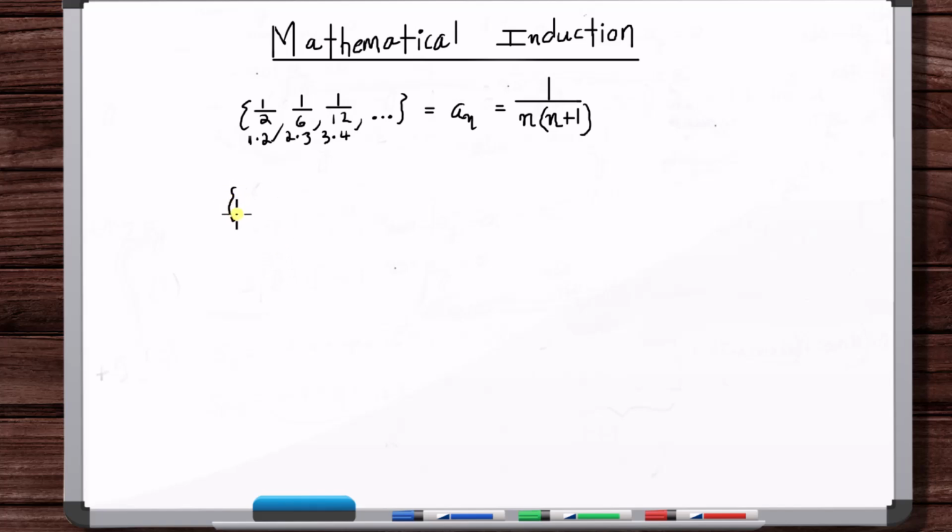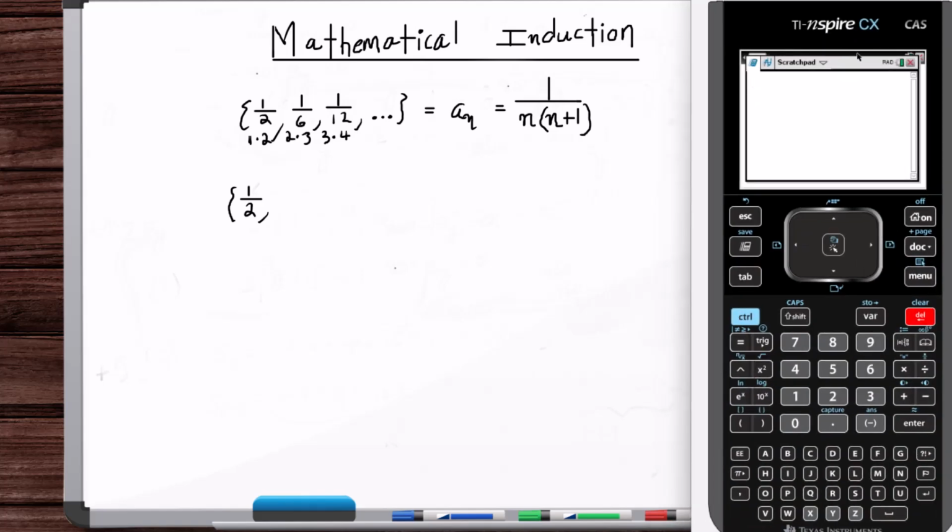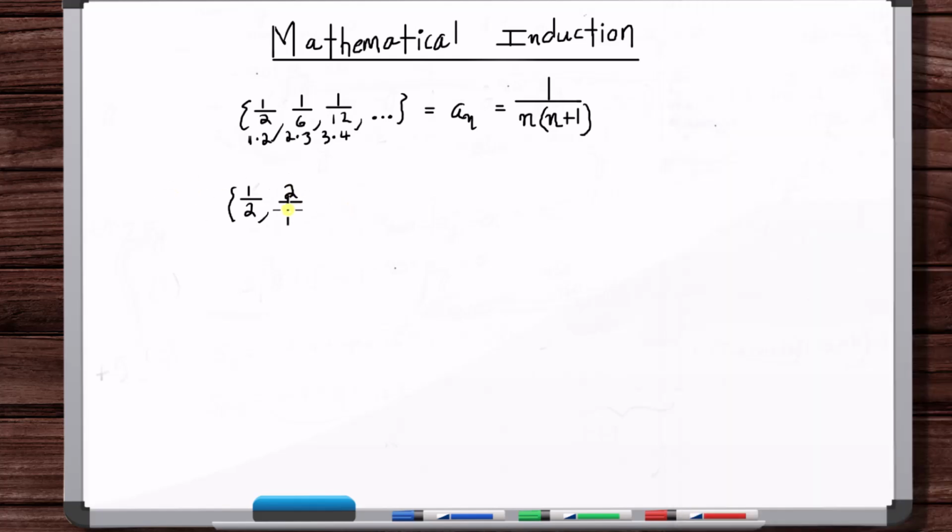Now, what about S sub n? The sum of the first term is 1/2. Then 1/2 plus 1/6 is 2/3.